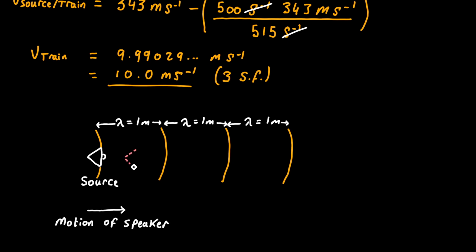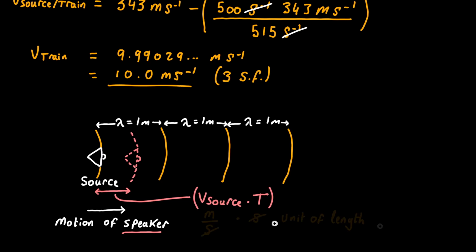But when the source of sound moves forward, the wavelength received by the stationary observer reduces by a value of the velocity of the source multiplied by the period of the sound wave. And the period of any wave is the time for one complete oscillation.